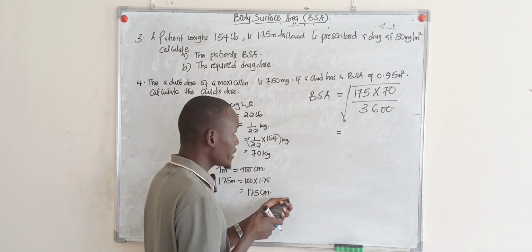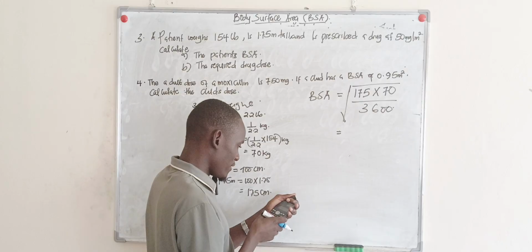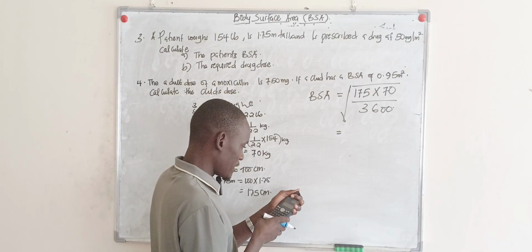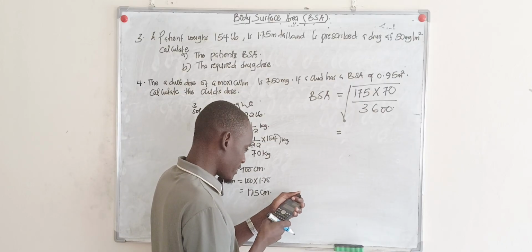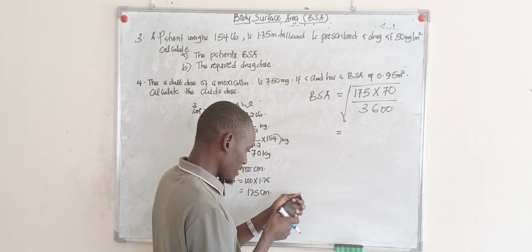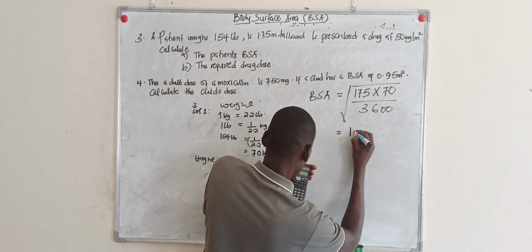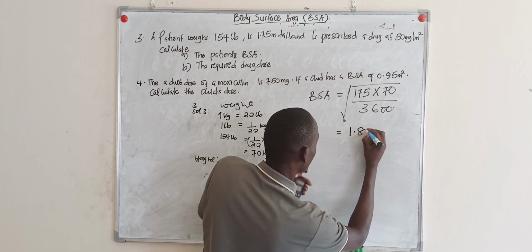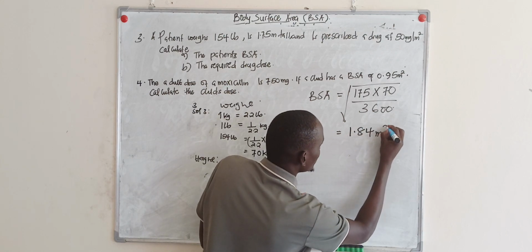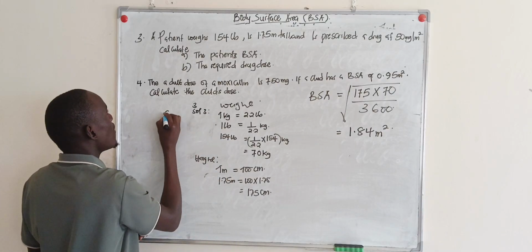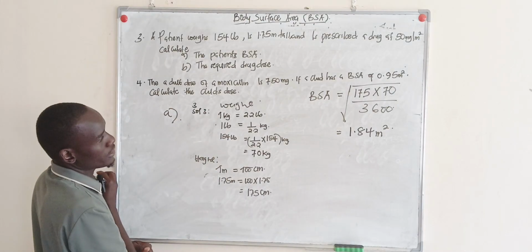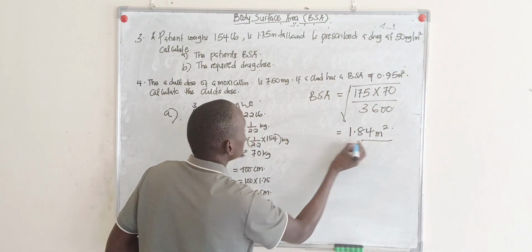So when we compute this, 175 times 70 divided by 3,600 and the root, we shall get 1.84 meters squared. That is our part A of the question. They wanted body surface area.